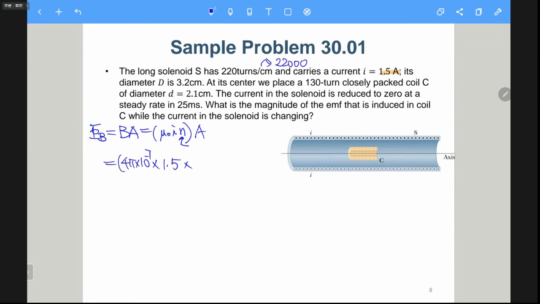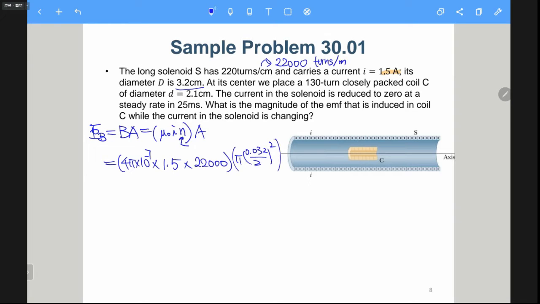So we have two more zeros at the end. Turns per meter, like this. So this is 22,000. And then A will be pi r squared. So pi times 0.032 over 2, quantity squared.